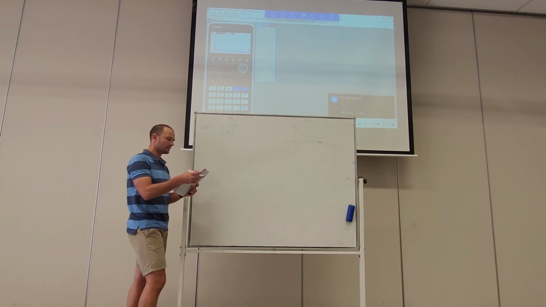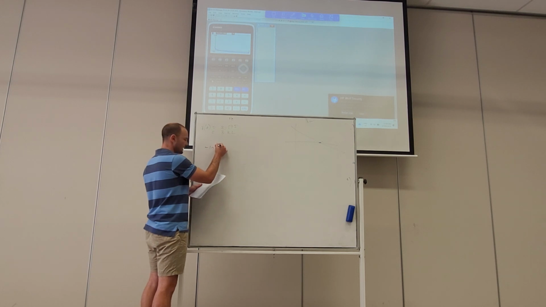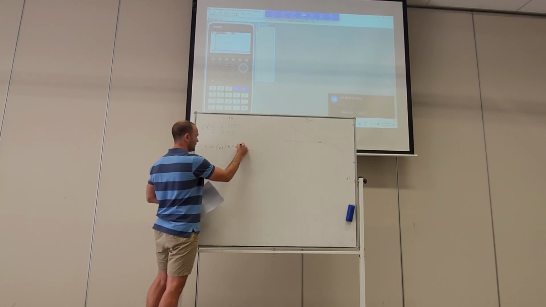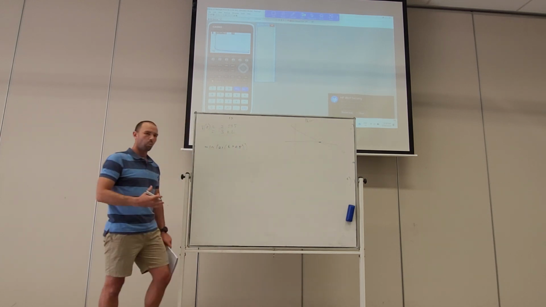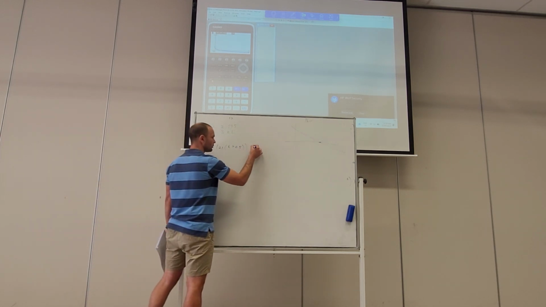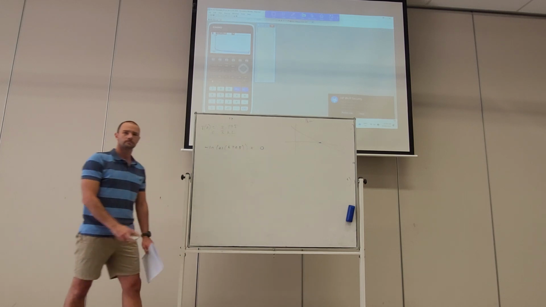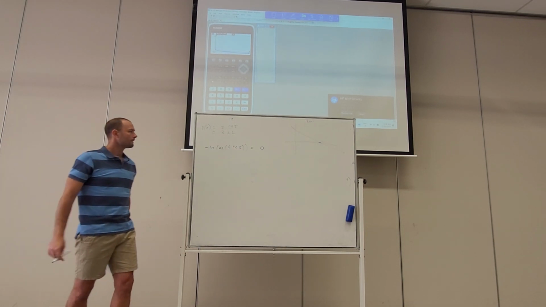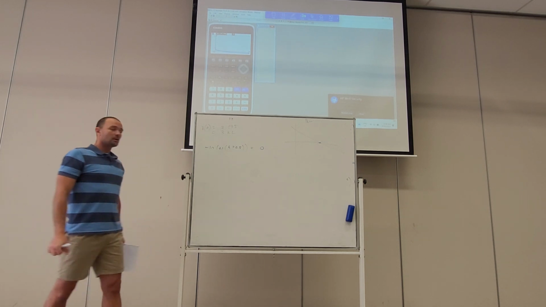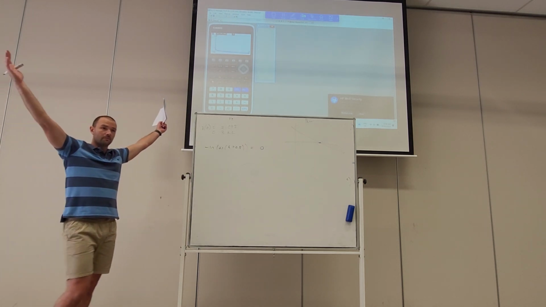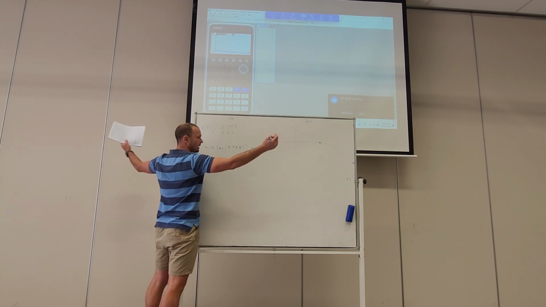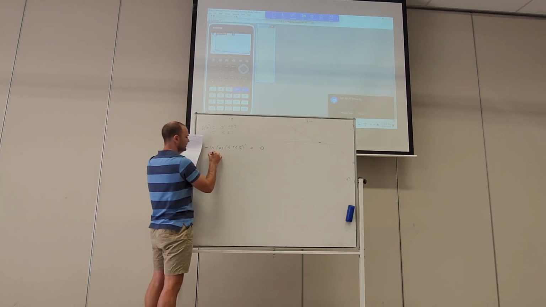How might we do this manually? This is the volume, minus ln of 0.1 of t plus 0.5, and we want to know when this volume is equal to 0. The first thing we can do is just get rid of the negative. We can divide both sides by -1 or multiply both sides by -1. It's just going to keep it as 0.